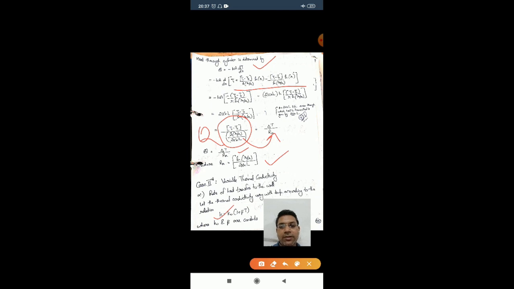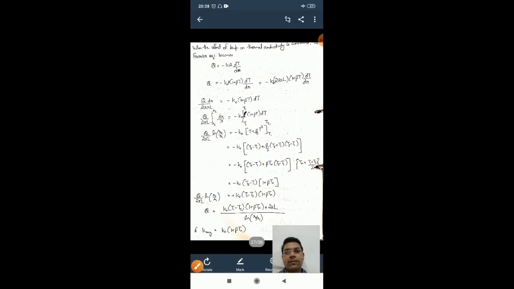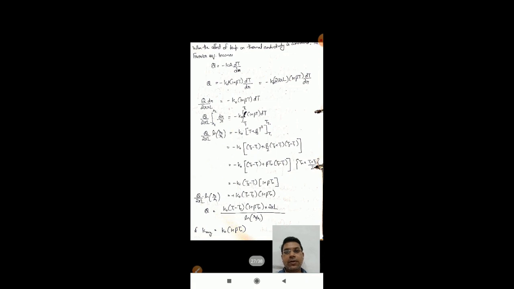So putting this value of k in the Fourier equation, q equals minus k dT by dr. Now q equals minus k A dT by dr, it is written here. Putting the value of k equals k naught (1 plus beta T), after rearrangement and integration, we get the final equation as written here.